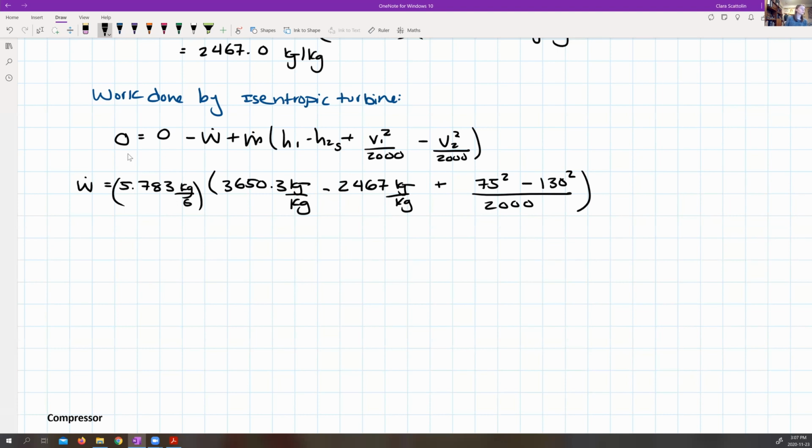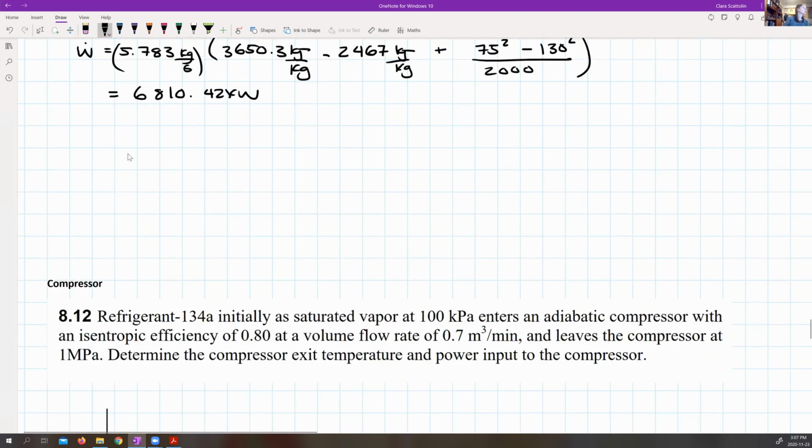Converting them into kilojoules gives me a work of 6,810.42 kilowatts.